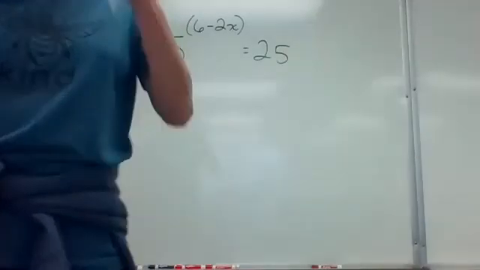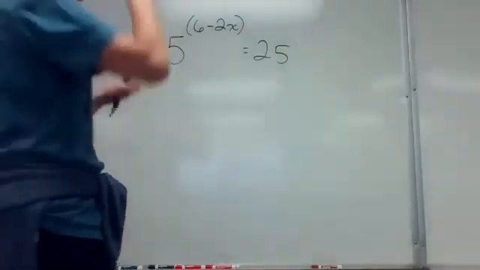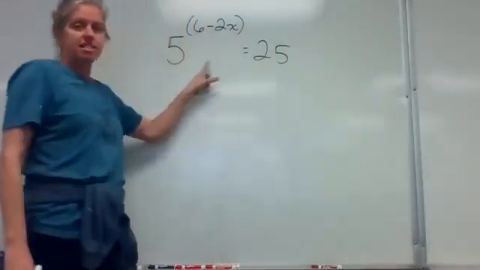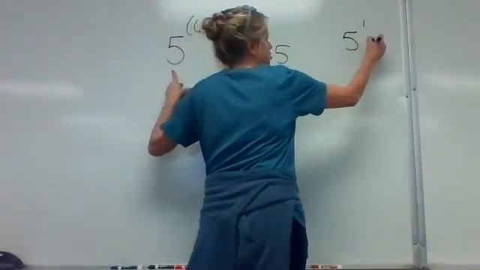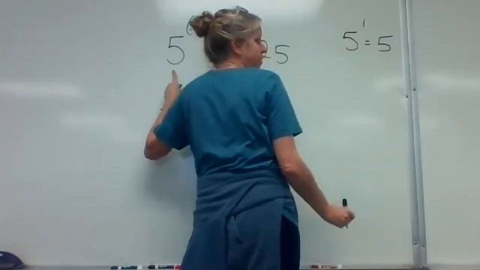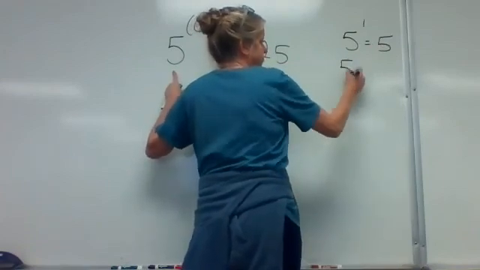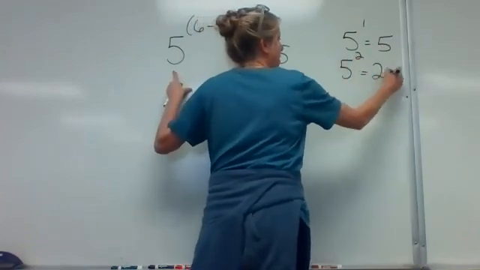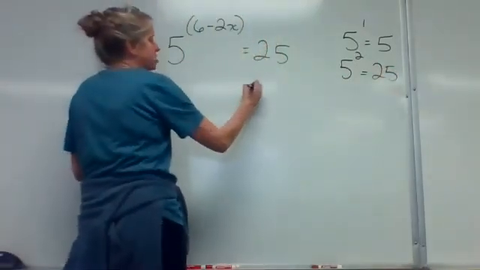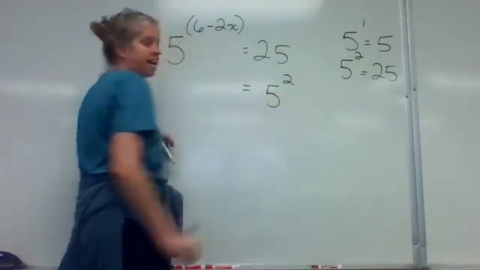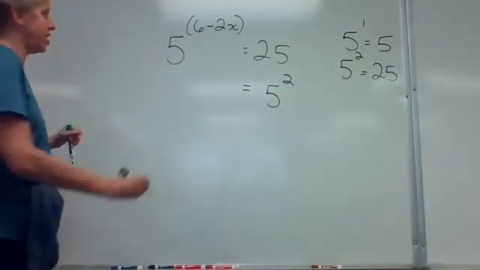Now remember, the easiest kind was when I can rewrite this side to have the same base as this. So let's use 5 as our base and see if we can get to 25. So 5 to the first power is 5. But what is 5 squared? It is 25.